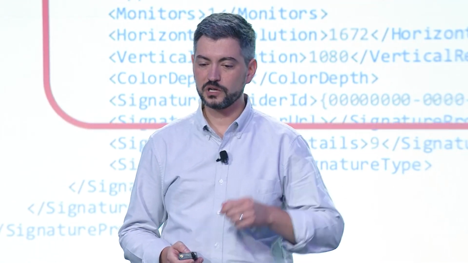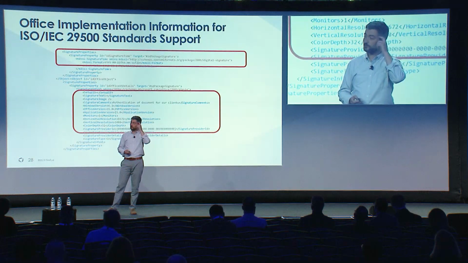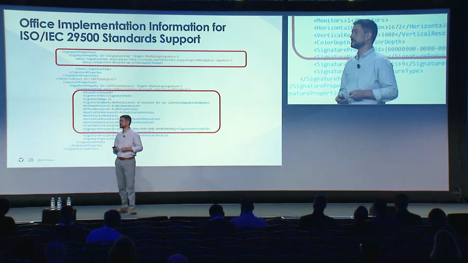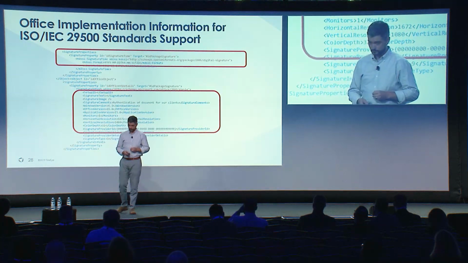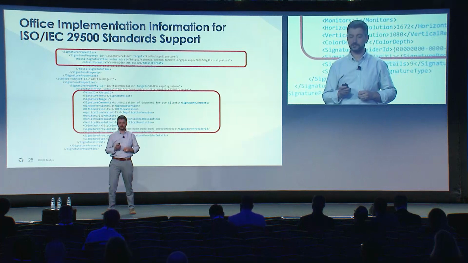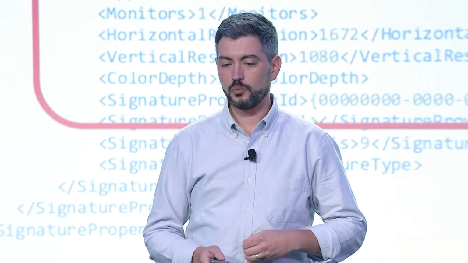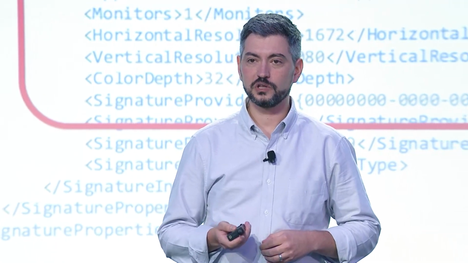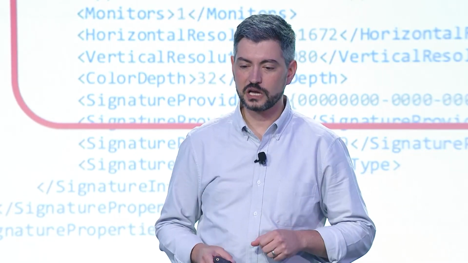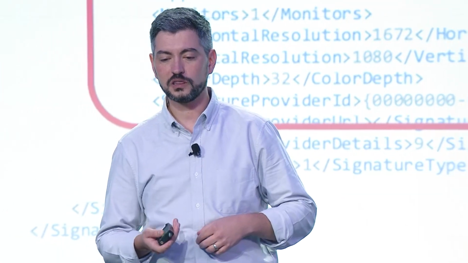And the second interesting part here is you get some metadata from the host machine that signed the document. Any Office file that's been digitally signed will have this metadata in it. You'll see that there's a comment where they can put in a comment as they're signing. That could be an interesting pivot point if you're looking at that across documents.